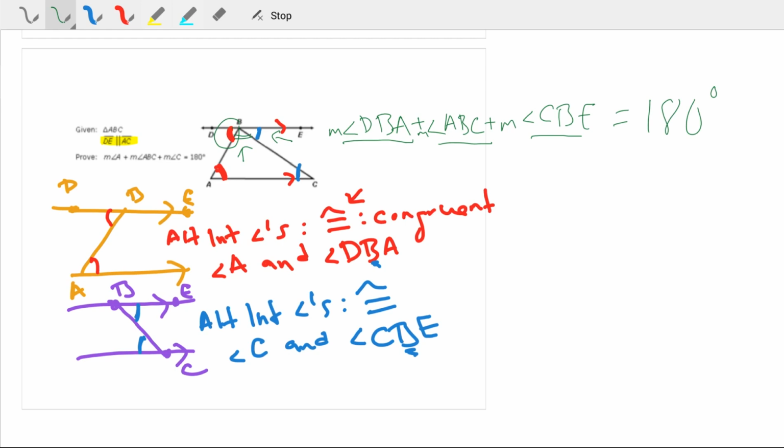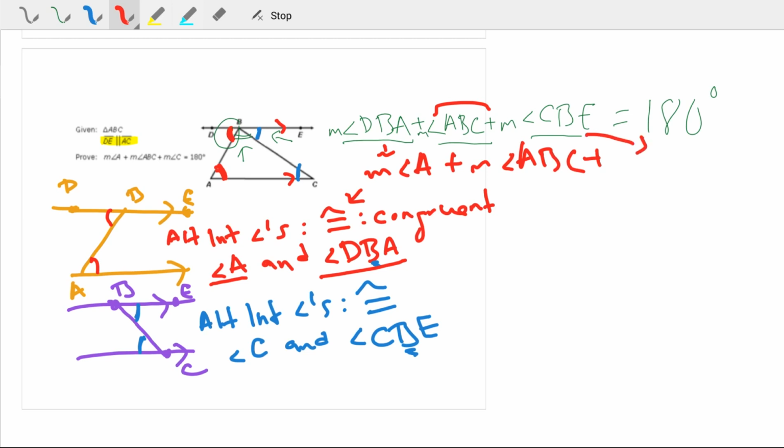But now let's really think about why we're essentially done. Angle A is congruent to angle DBA. So right here, instead of writing DBA, I'm just going to write measure of angle A plus, I didn't need to do anything with this next one because it's already a part of the triangle. So measure of angle ABC plus, and now just the last part, right?